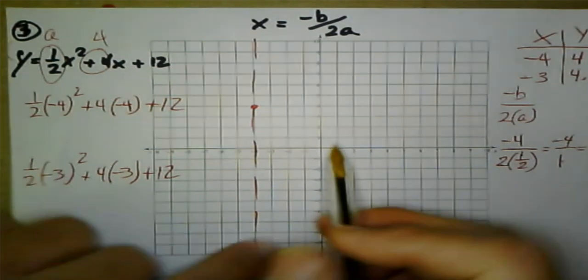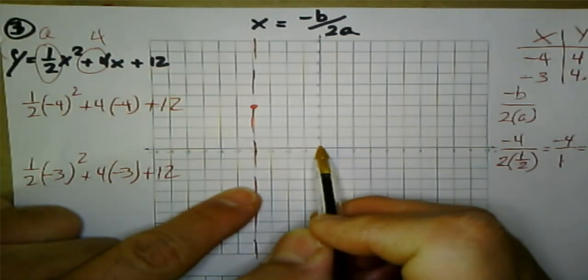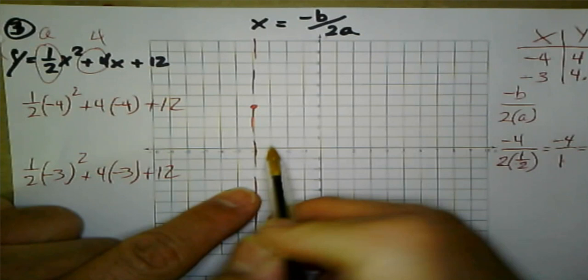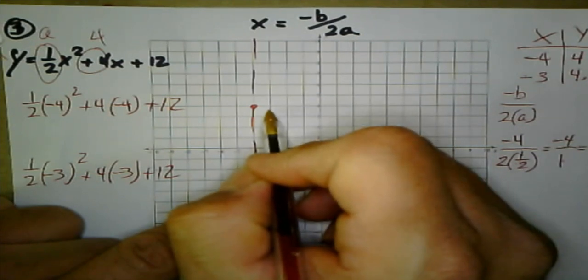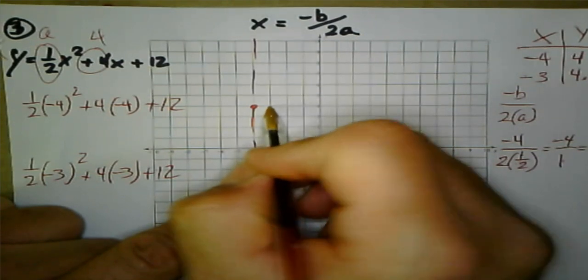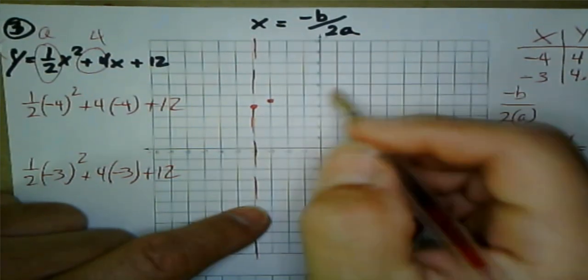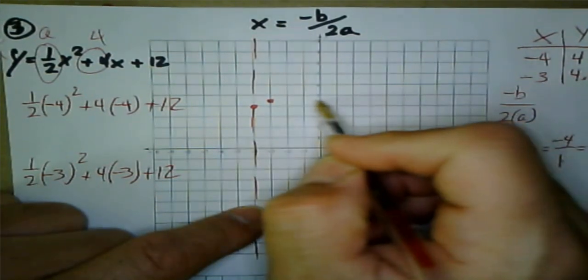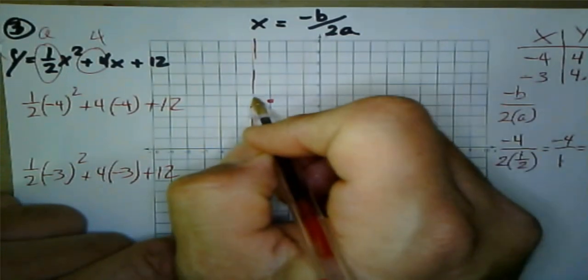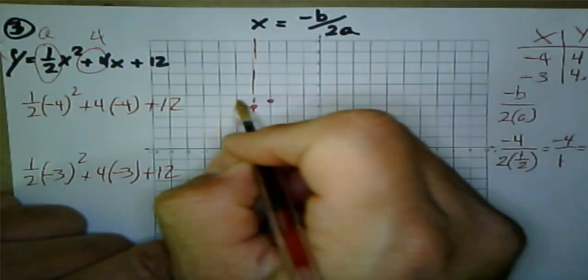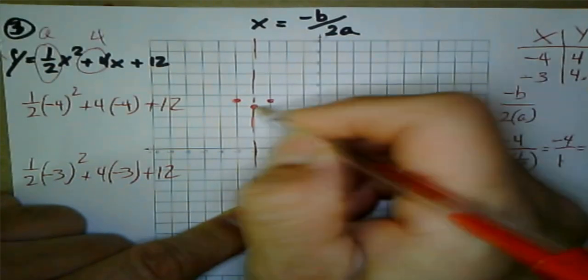So where do we go for this? We're going to go to -3, and we're going to go to 4.5, which is halfway through. So we do that same thing. What happened on one side, half goes over the other side.